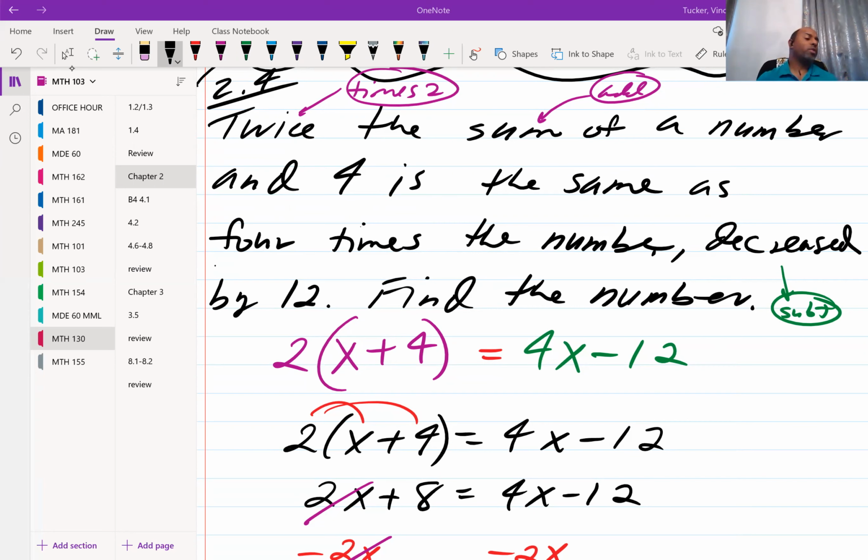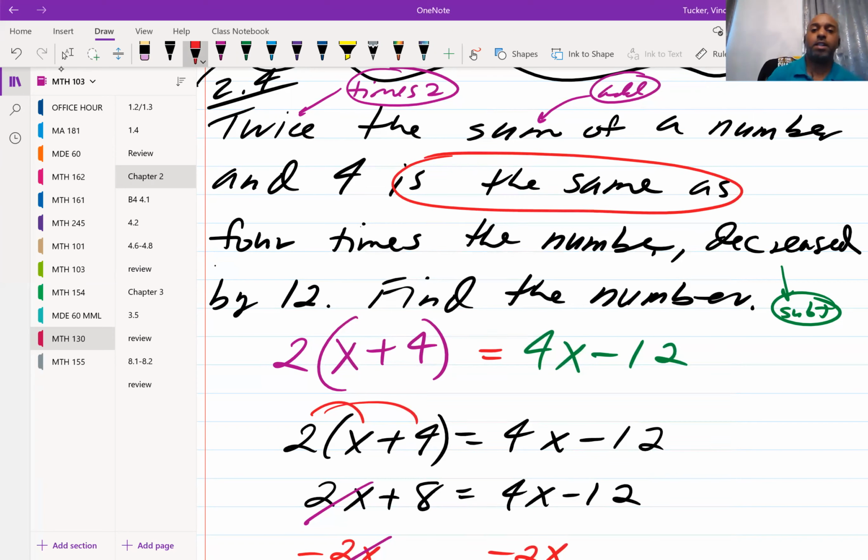All right. So this is a problem that's more like an equation versus an actual application. An application actually kind of has a story behind it, like, a man walks to the store. So this is more like an equation. Whenever you have something like this, the best thing to do is to look for the phrase or the word that will represent your equal sign. So here it says twice the sum of a number and 4 is the same as.